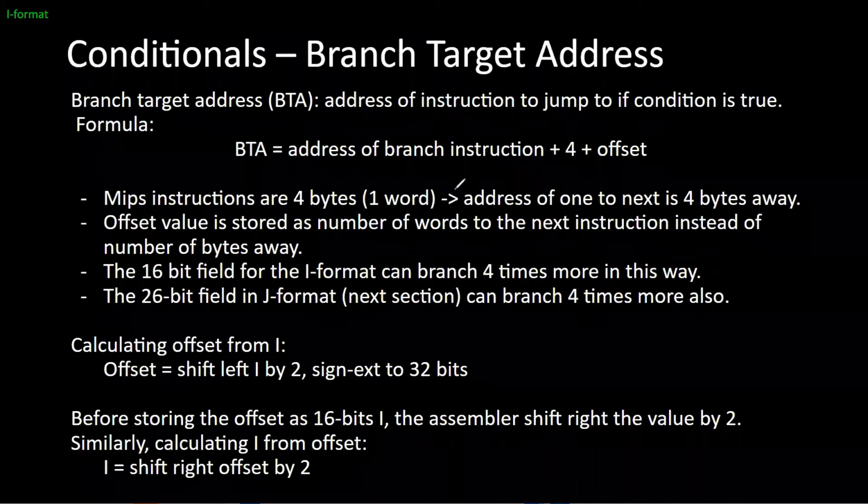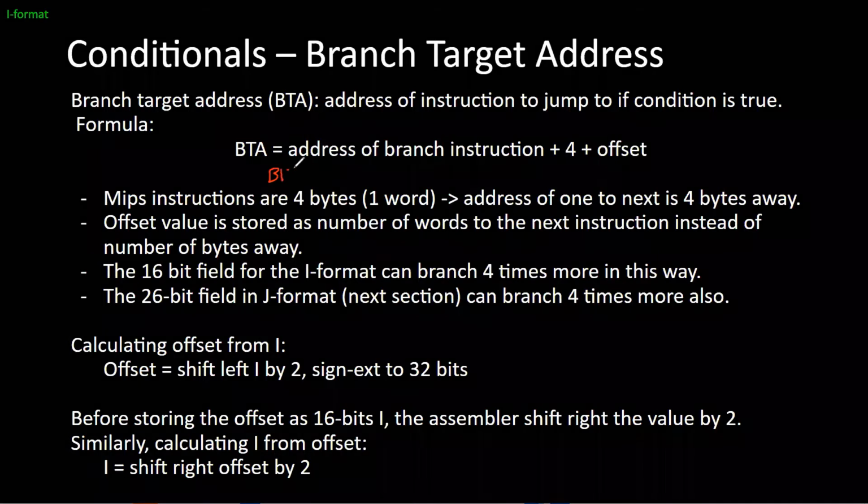First of all, there are two parts to this formula. One part is this BTA, the target address that we want to reach. So if you have, for example, BGE something and then loop, this loop has some address.